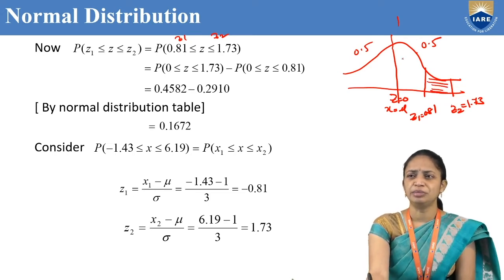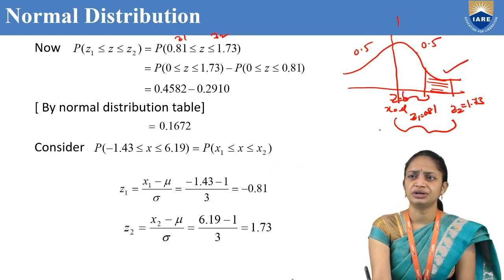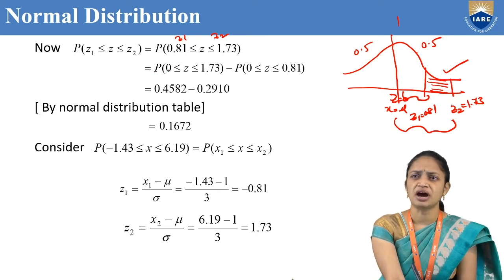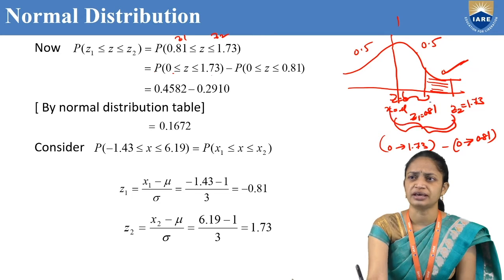To find it, we take the area from 0 to 1.73 minus the area from 0 to 0.81. Then we get the in-between area.